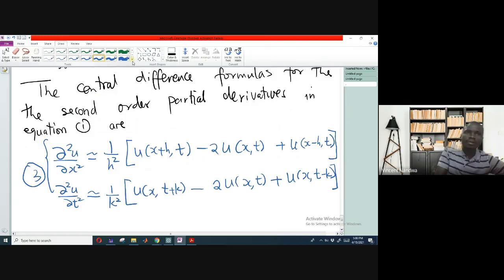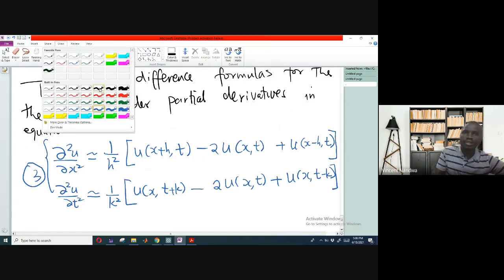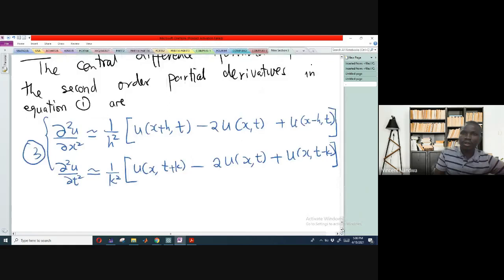So that is by definition of the central difference of those second order partial derivatives.